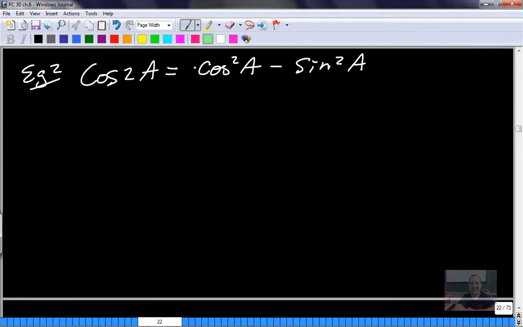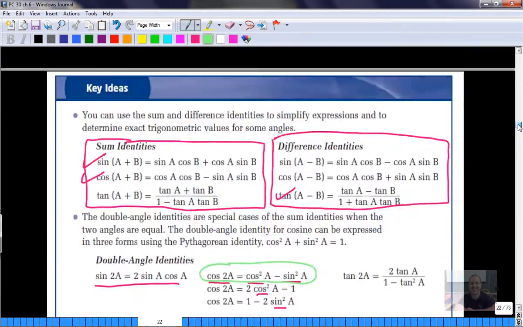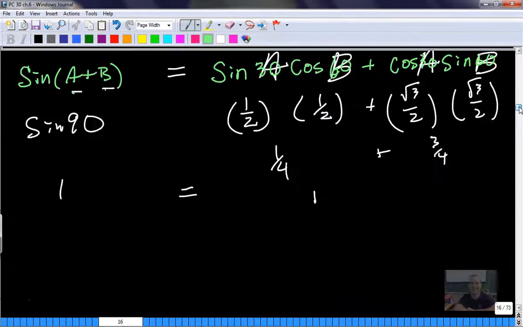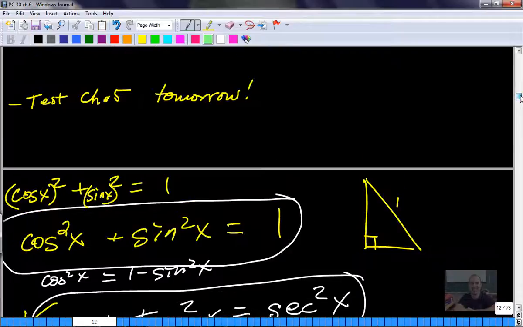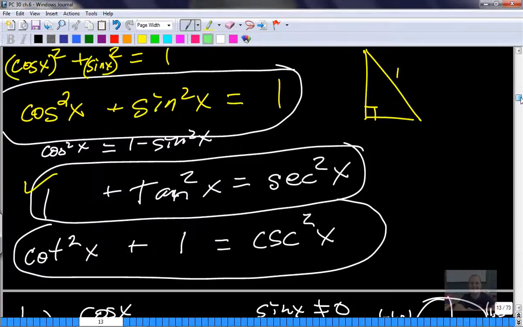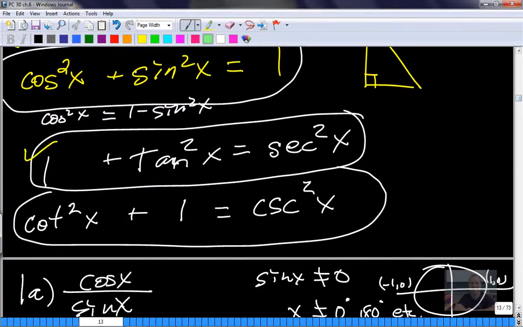So what we're going to look at here is this. I want to write this with only cosine. Okay, there's cosine. Oh, there's sine. So how can I rewrite sine squared a in terms of cos? This is where we start to look back and ask, what's a different way that I could write this? If we go all the way back to yesterday's lesson, look at what we did here.